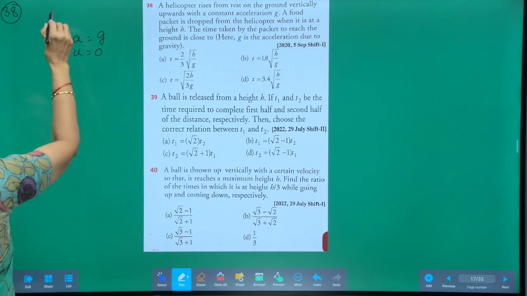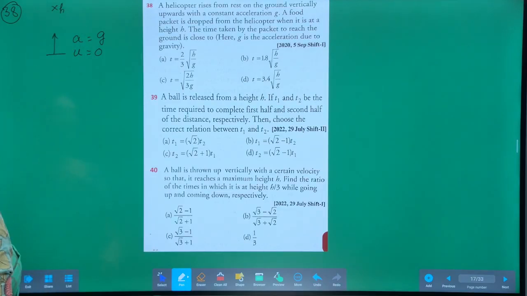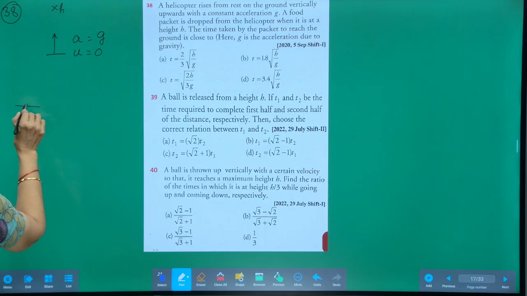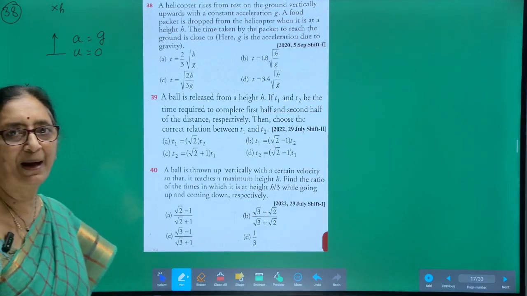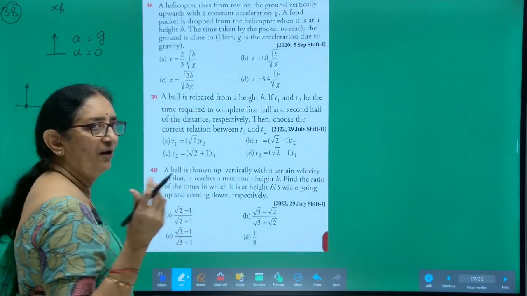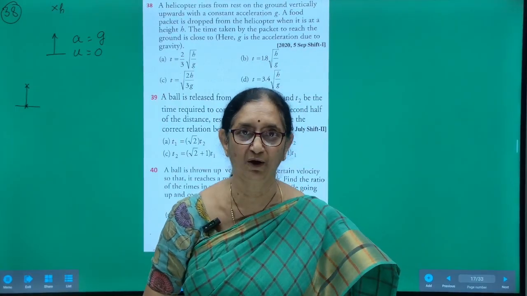A food packet is dropped from it when it is at a height h. See here, suppose this is the ground. Suppose when it is at this point, a food packet is released from the helicopter, then by that time the helicopter might have attained some velocity.